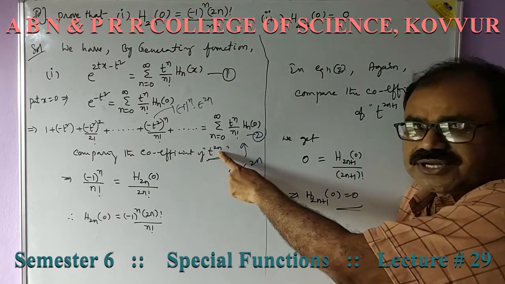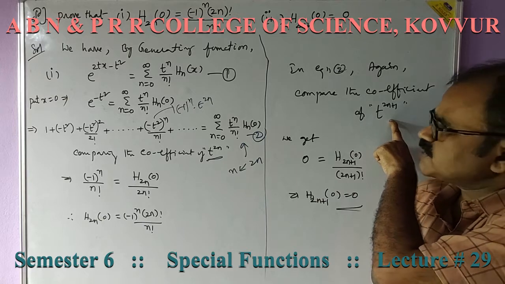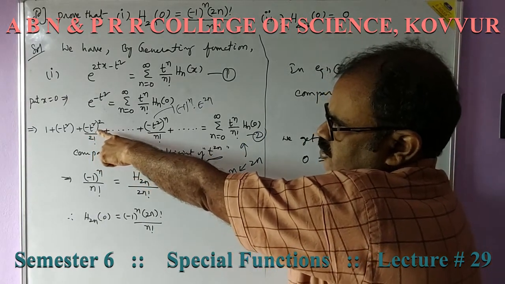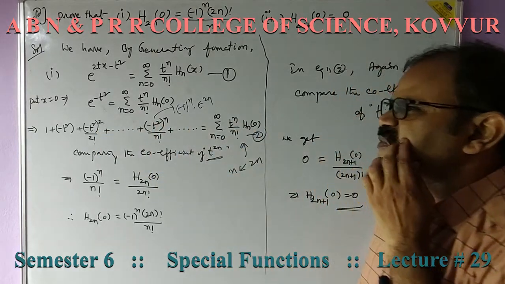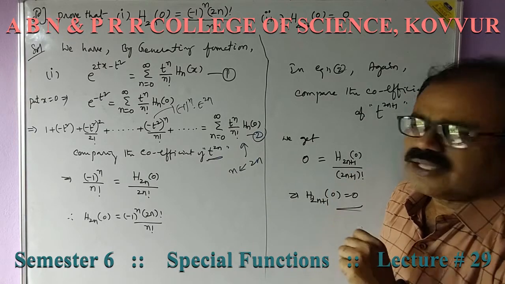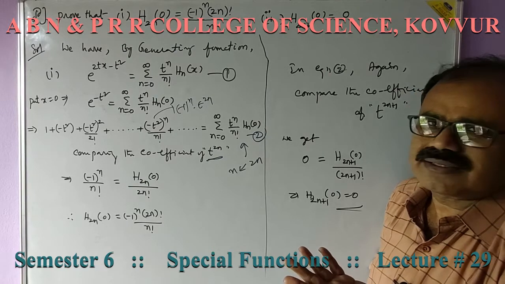Here we compared the coefficient of t^2n. Now let us compare the coefficient of t^(2n+1). Is there? That is t^2, t^4, t^2n, t^(2n+2). Like that we get, so all even powers. So no question of t^(2n+1).